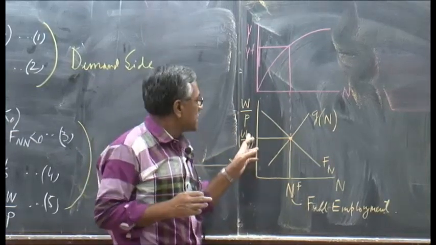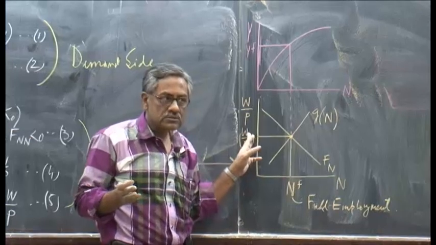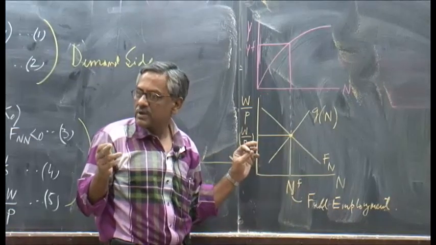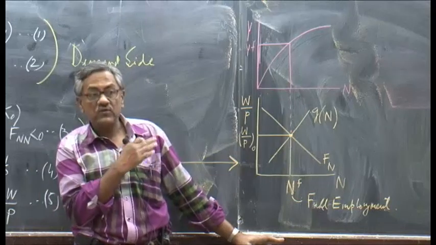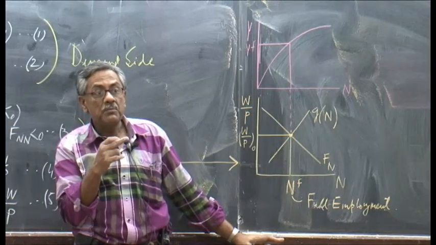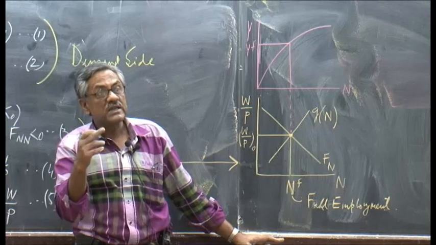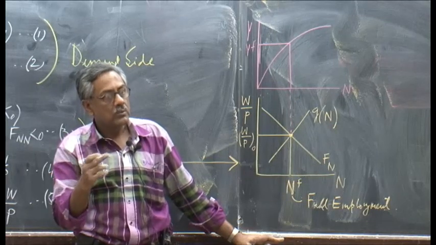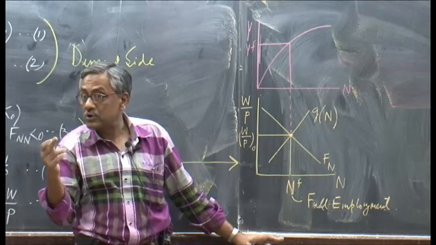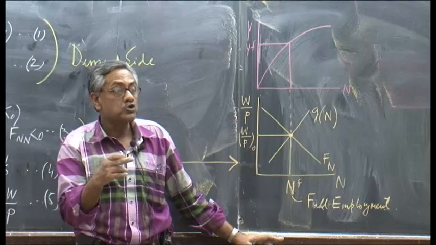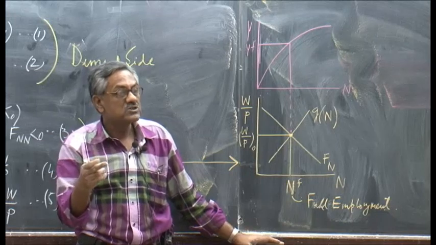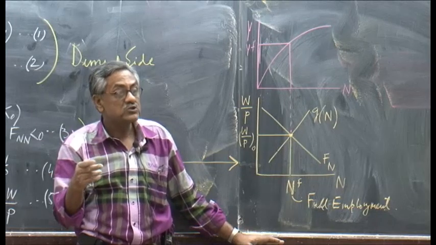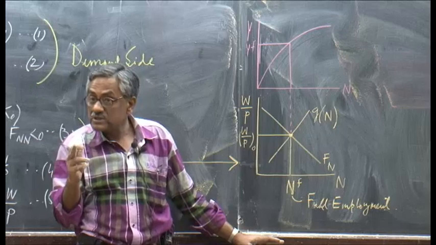For instance, if wages in the economy double, companies have to pay workers double the wage, then according to this line, if you have reached full employment, the companies would also double the prices at which they sell the goods. Because they see their costs have doubled, they would also double the price, so that the real wage doesn't change, so that their profits don't change. This is what is happening.